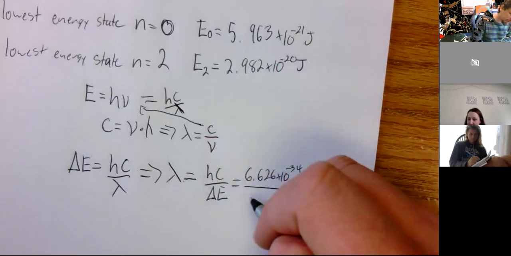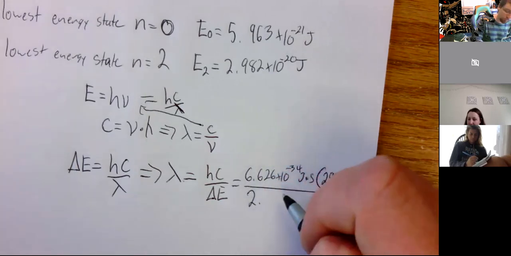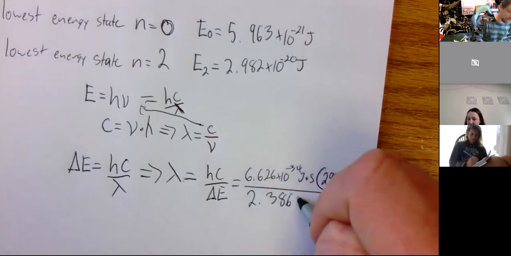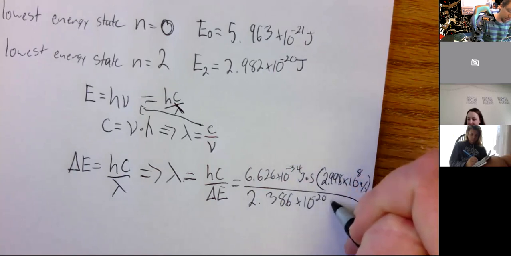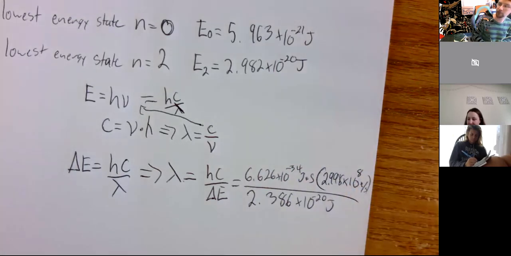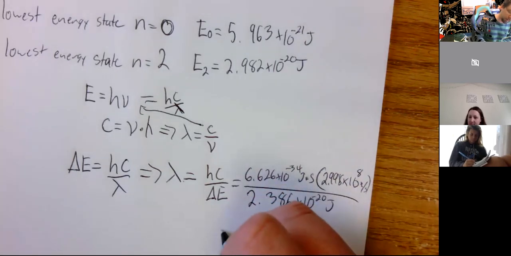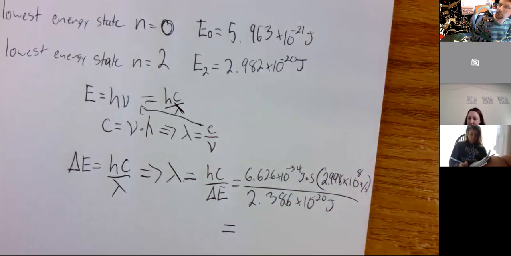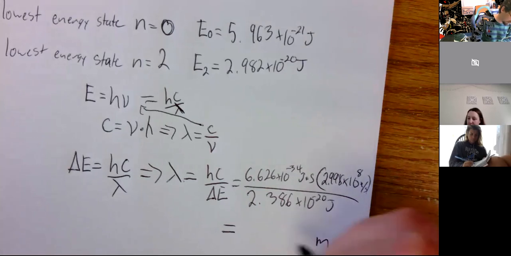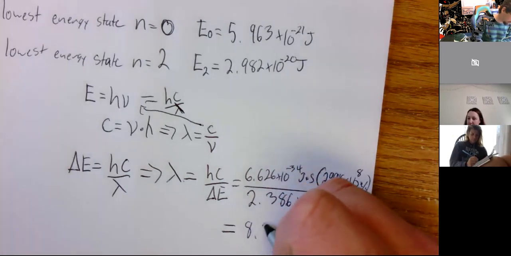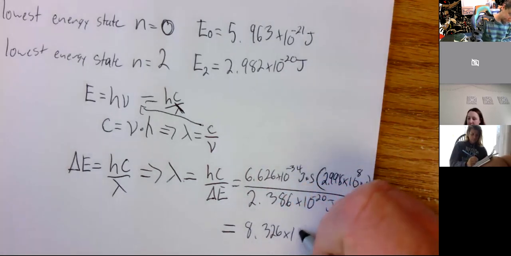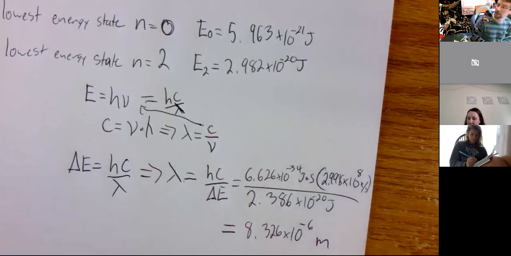If you calculate that difference, it ends up being 2.386 times 10 to the minus 20 joules. When we divide everything through, what are our units going to be? Meters. Yep. And you end up getting 8.326 times 10 to the minus 6 meters.